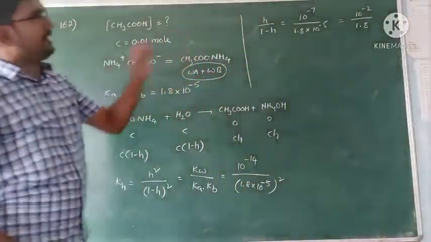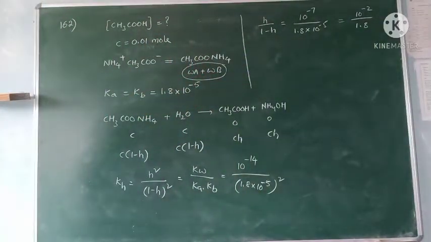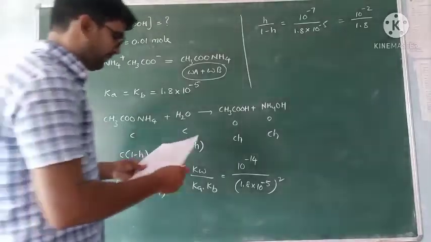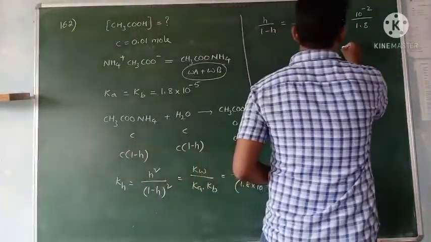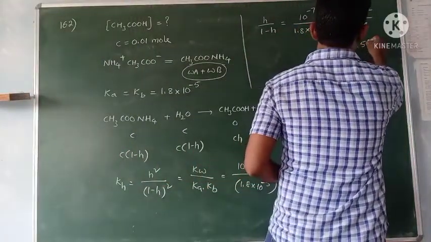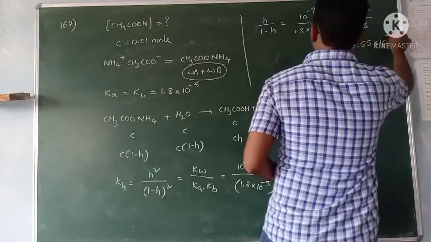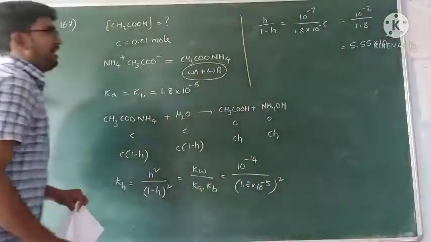After calculating, we got the h value, for time saving, 5.55 into 10 to the power of minus 3.